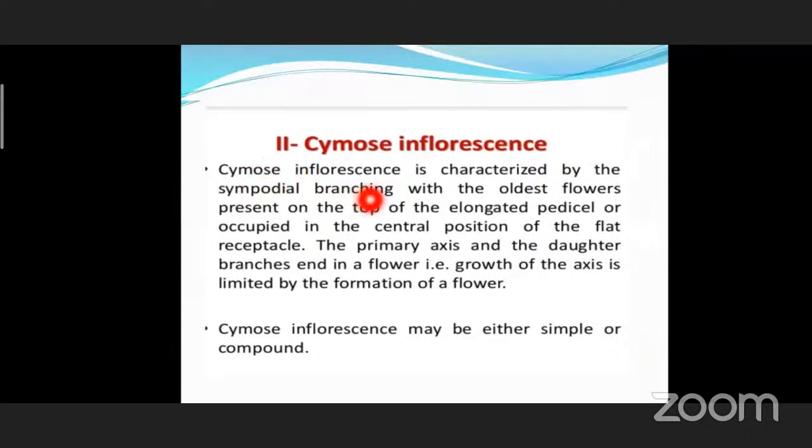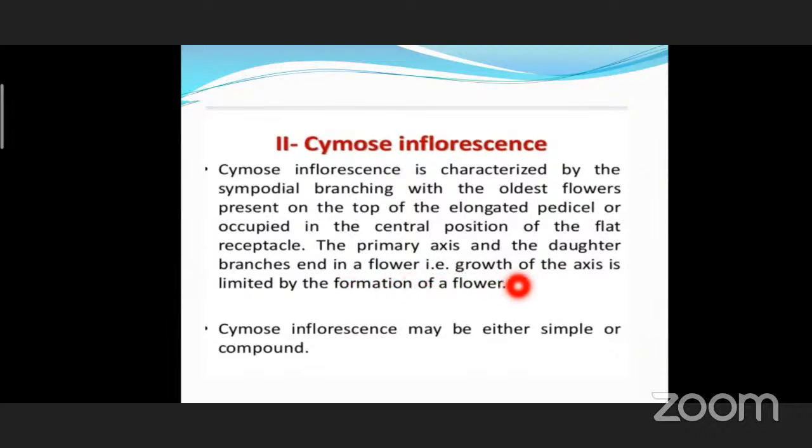Cymose inflorescence is characterized by sympodial branching, with the oldest flowers present on the top of the elongated pedicel, occupying the central position of the flat receptacle or thalamus. The primary axis and the daughter branches end in a flower.